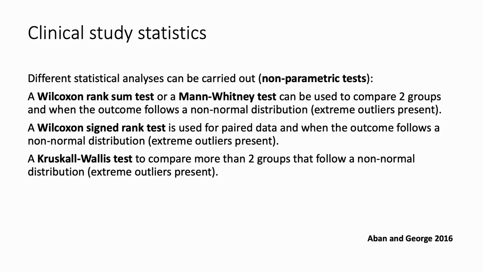So as you see, as opposed to parametric tests where we had t-test and we had ANOVA, t-test was for two groups, ANOVA for three groups. Here, in the non-parametric tests for non-normal distribution, we have Wilcoxon rank sum test or Mann-Whitney test for two groups, and we have Kruskal-Wallis test to compare more than two groups.